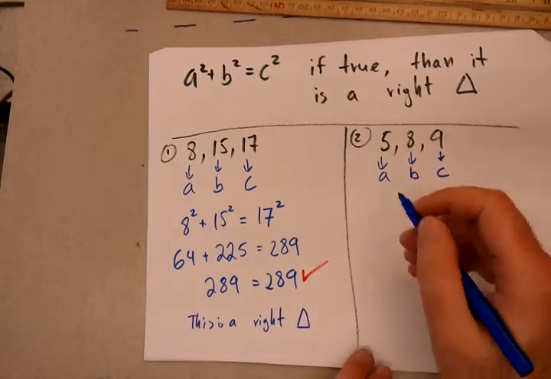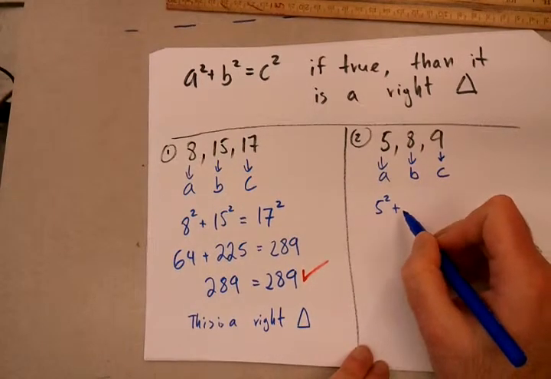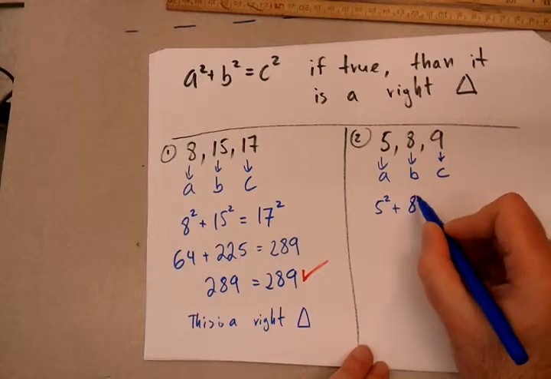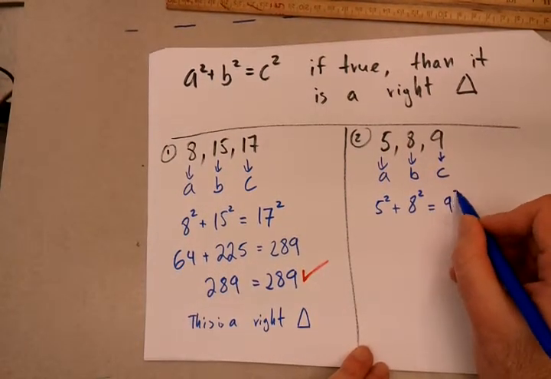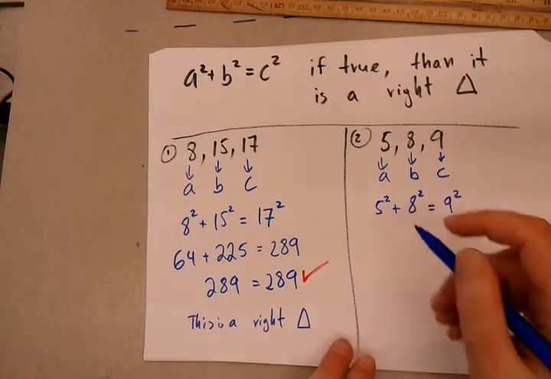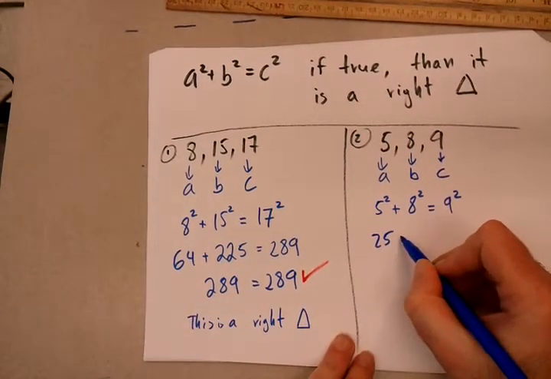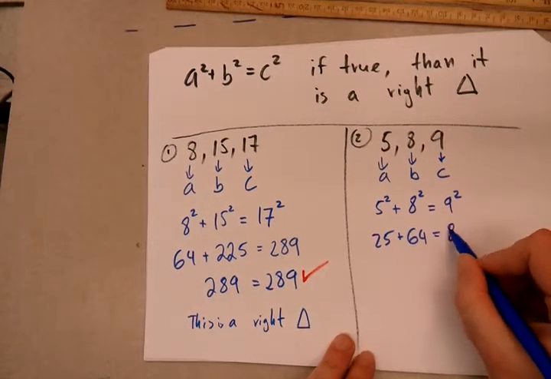So now I'm going to plug these numbers in. 5 squared, which is A squared, plus 8 squared, B squared, equals 9 squared, which is our C squared, according to the Pythagorean theorem. Then I'm going to crunch my numbers. 5 squared is 25, 8 squared is 64, and 9 squared, well, that's 81.